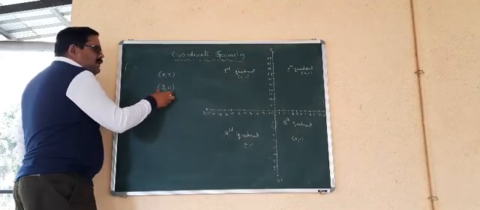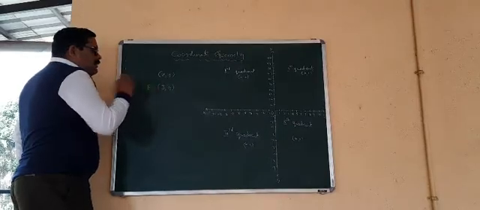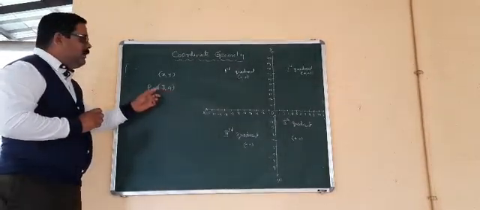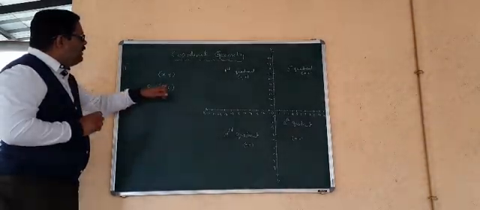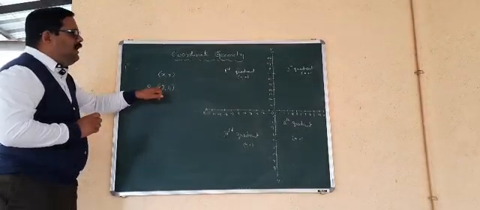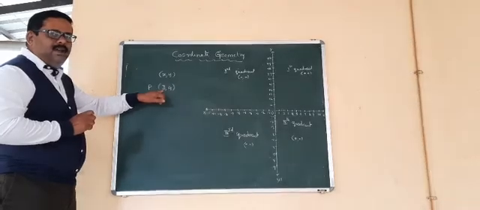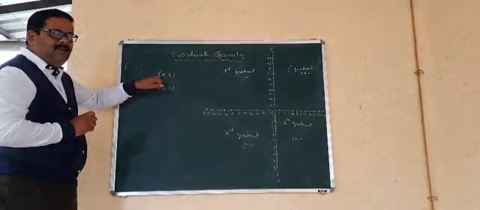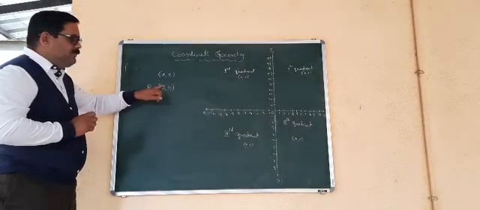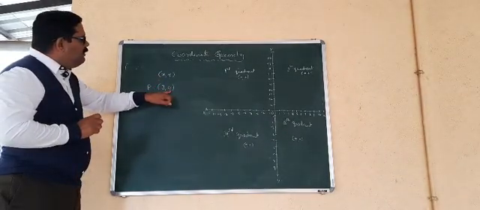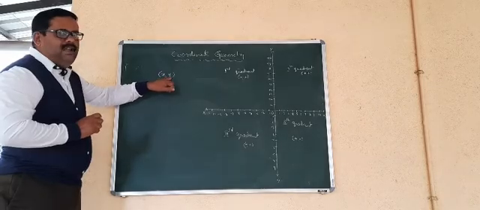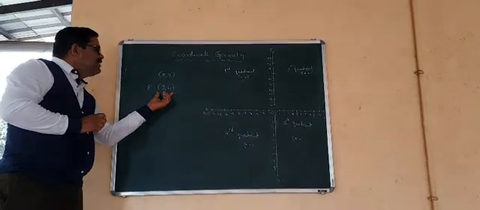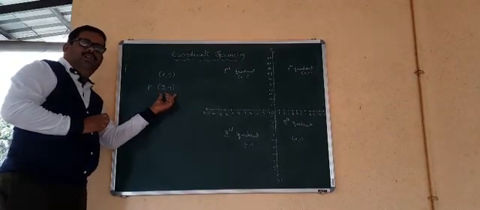Suppose this point is denoted by P. The first numerical value expresses the value of x, which is called the abscissa, and the second numerical value is the y value, called the ordinate. Together we call them the coordinates.